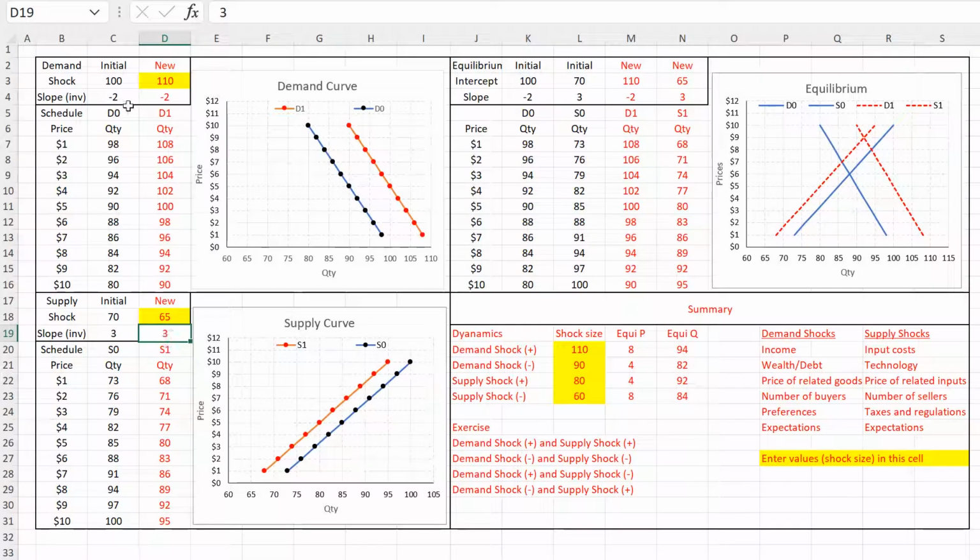Now here we are assuming that the income effect is more powerful than the cost of manufacturing this product effect. So while the income has gone up significantly, say 20-25%, the cost of manufacturing has not gone up by that proportion.